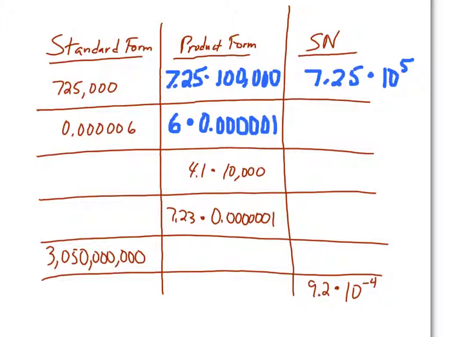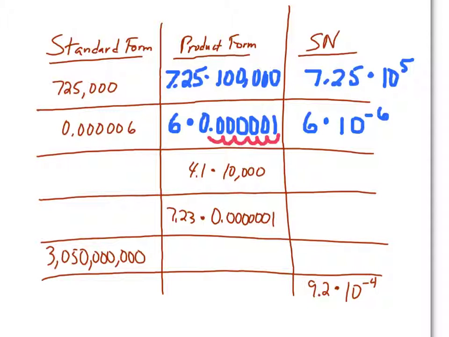And so what is this in terms of a power of 10? Well, what I'm doing here is I'm multiplying, so every time I move my decimal place over, that's going to be a -1 in my power of 10. So 1, 2, 3, 4, 5, 6. So I'm going to say 6 times 10 to the -6.